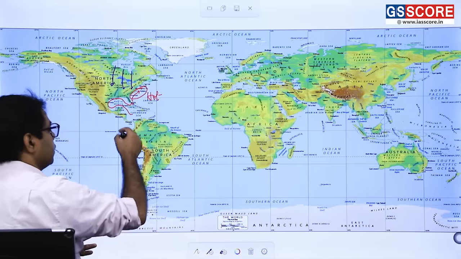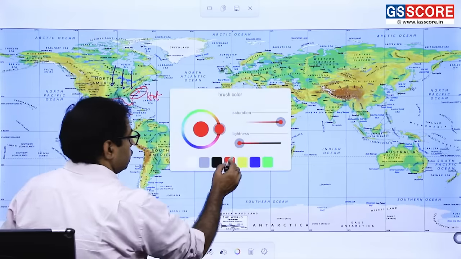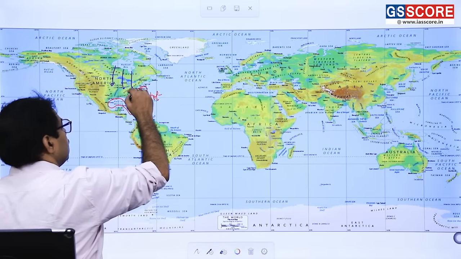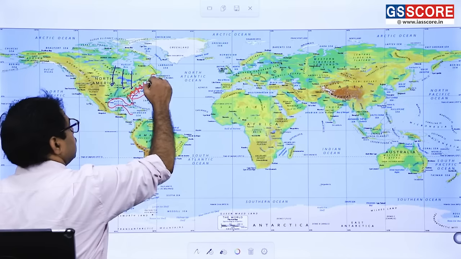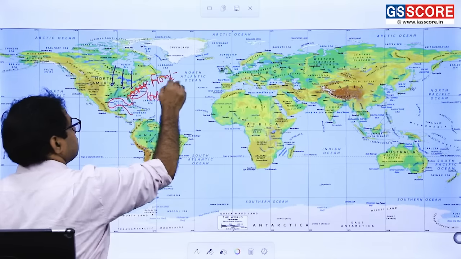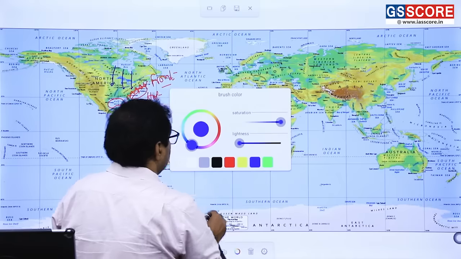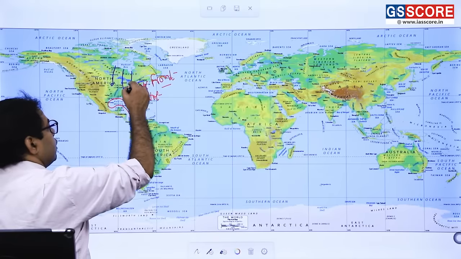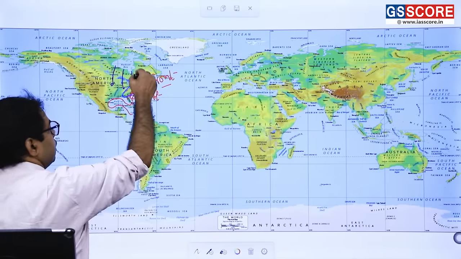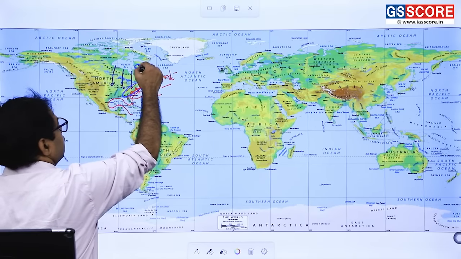So there was a very drastic change in temperature along the coast by developing a strong front. And this area observed a very big cyclone called a bomb cyclone.